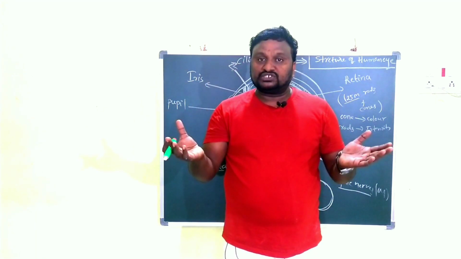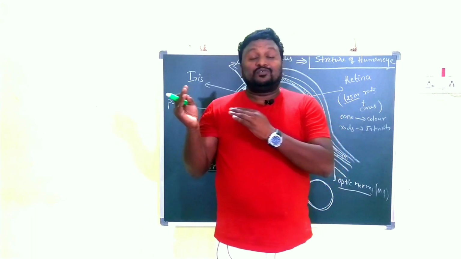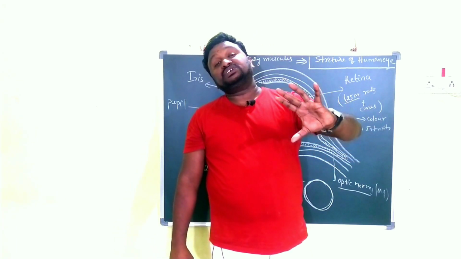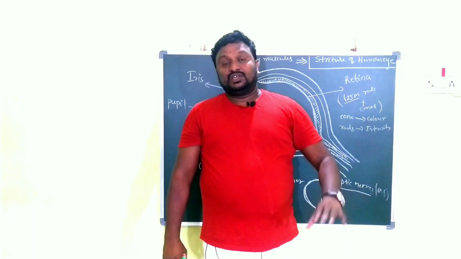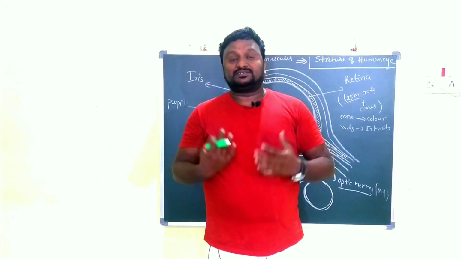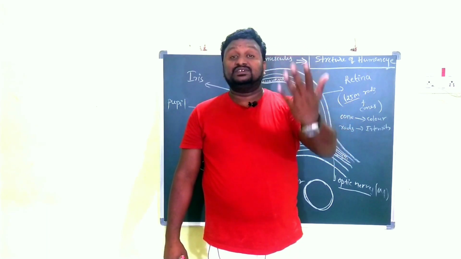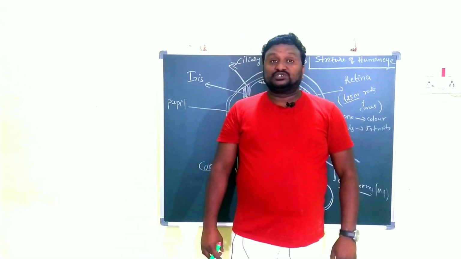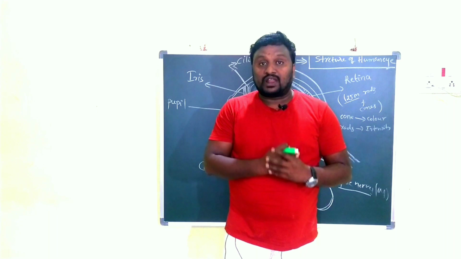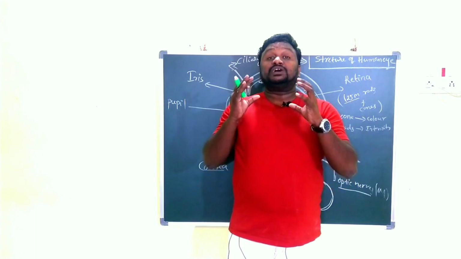If you open all the windows, more light comes in. That means the windows control the light coming into the house. Like that, the iris acts as the controller of light. In a simple example, it acts as the shutter of a camera.